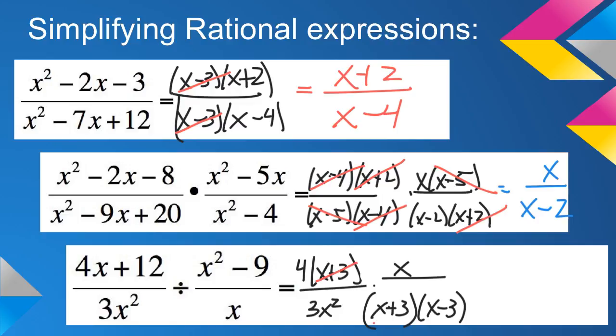Those x plus 3's will cancel out, and this x with one of those will cancel. So you're left with 4 on top, all divided by 3 times x minus 3. Factoring and canceling anything in the numerator and denominator is a key part of simplifying anything that has x's in it.